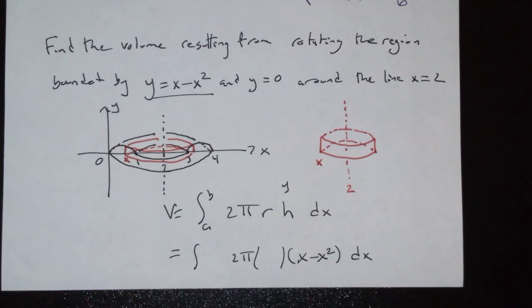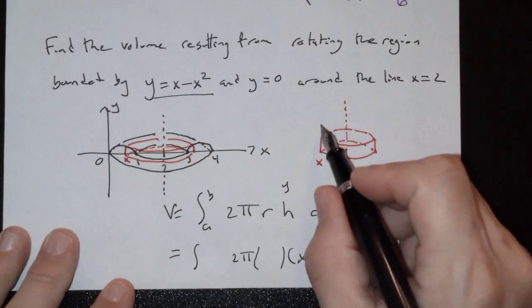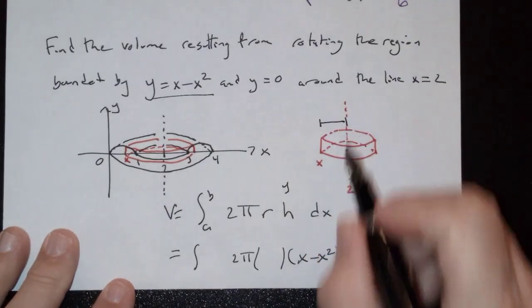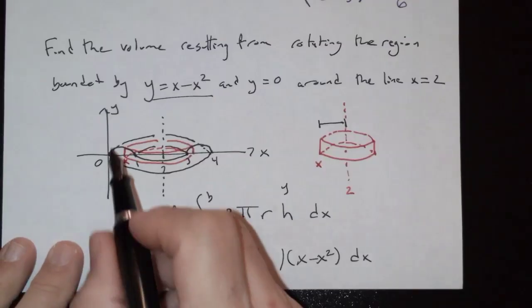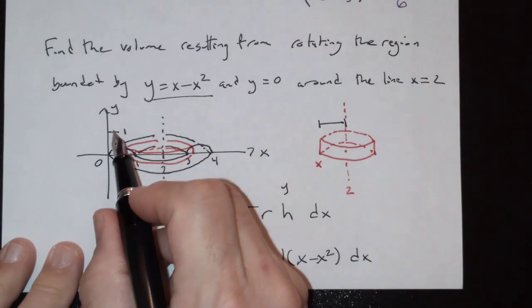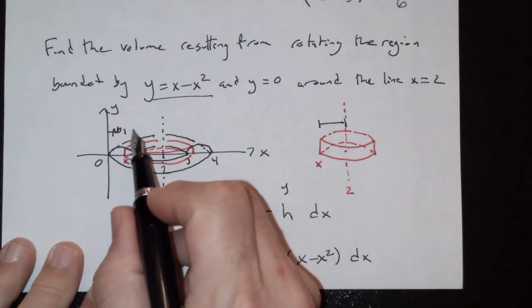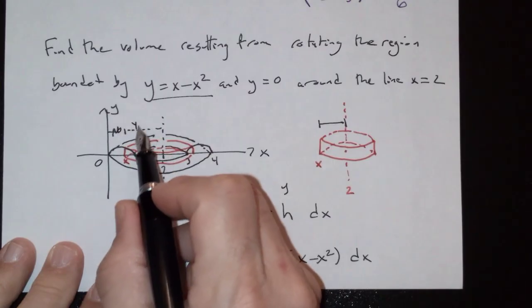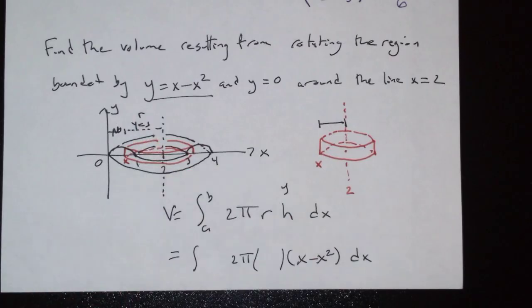Radius. Now here's where I think this drawing on the right makes it a little easier. The radius goes this way, not this way. There's my radius.